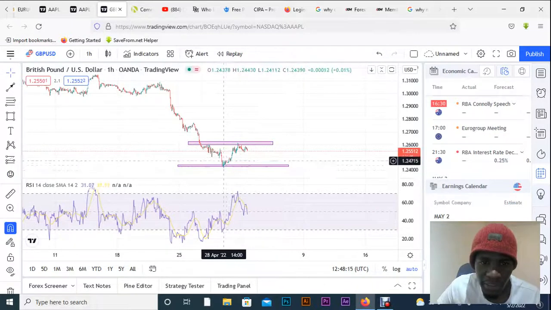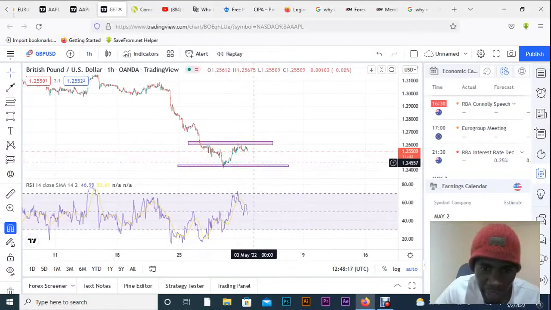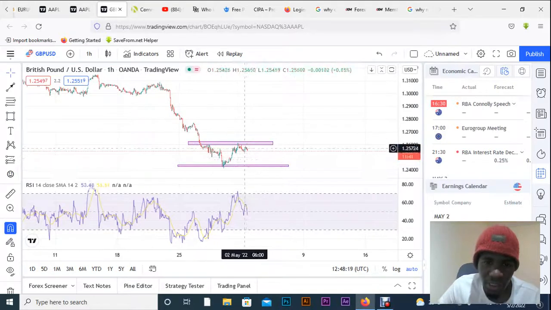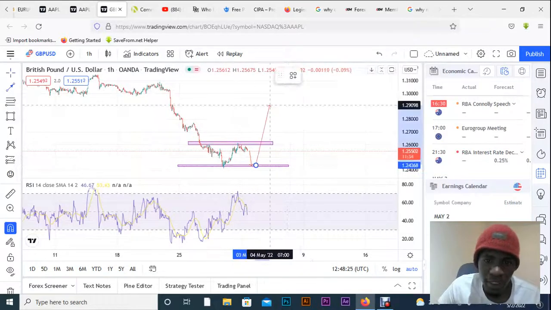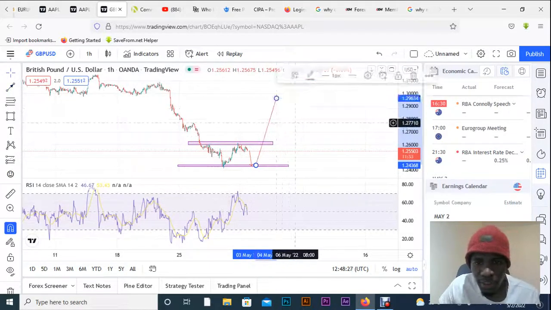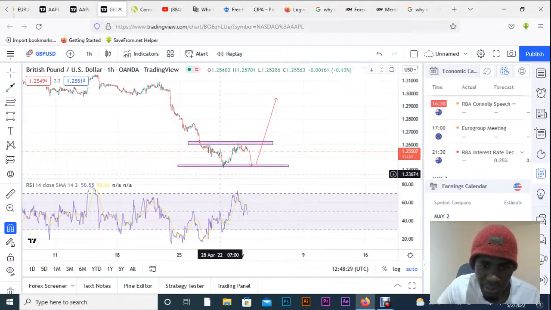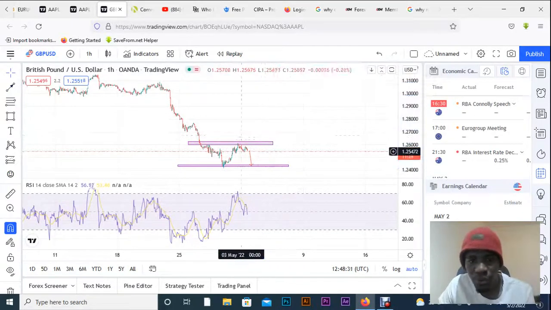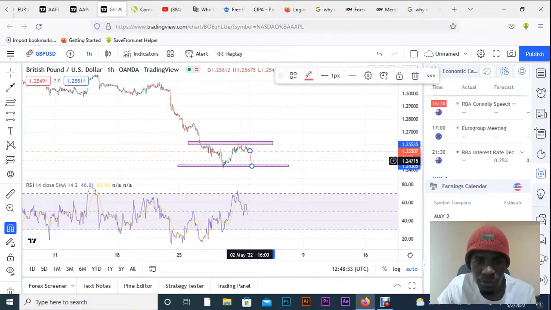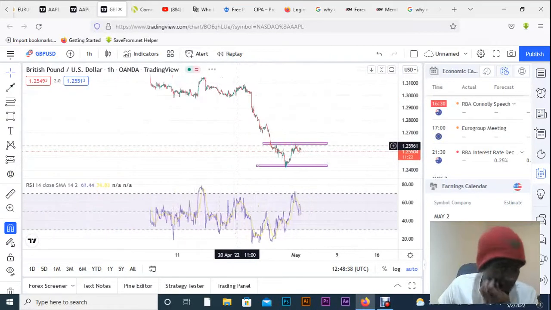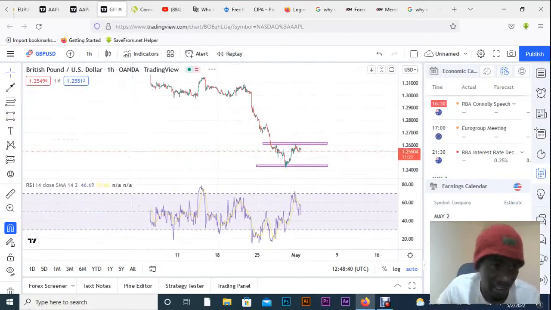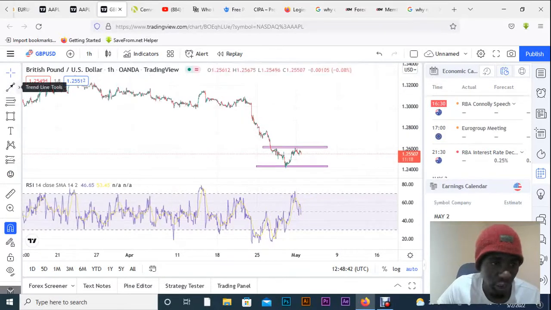This is where the market created a low, so we can enter with the buy limit here to catch this move, and then our stop loss just below here. So that is how we can enter this trade, guys. That is how we can enter the pound against the United States dollar.